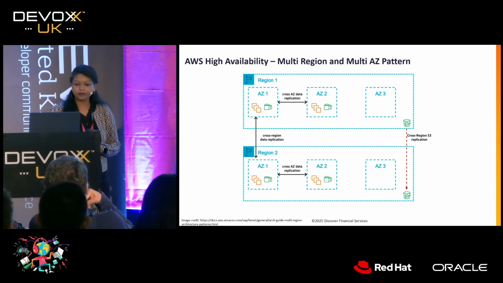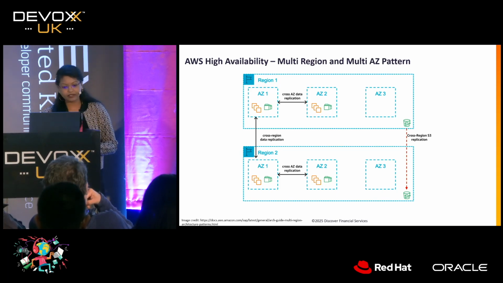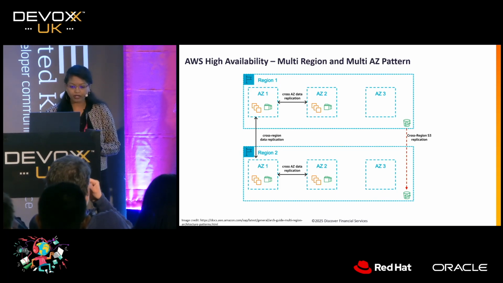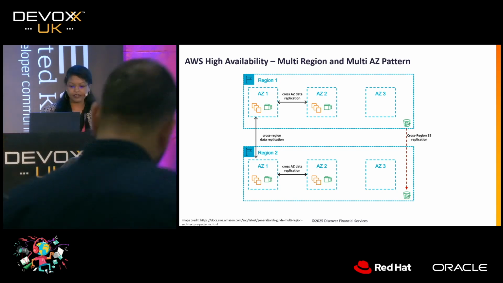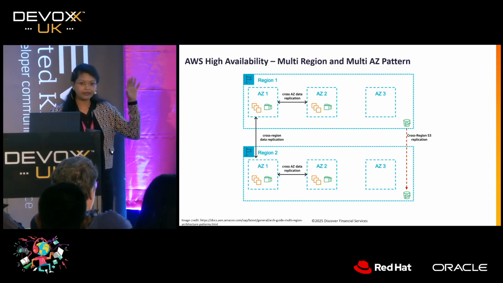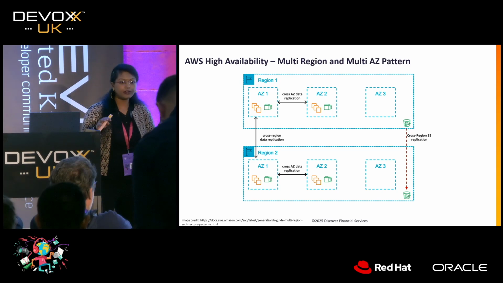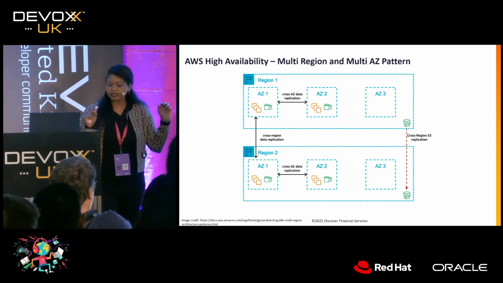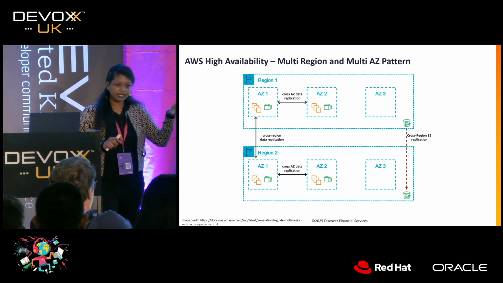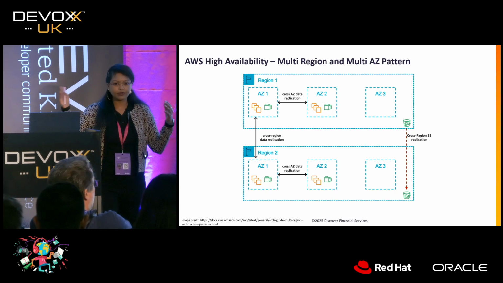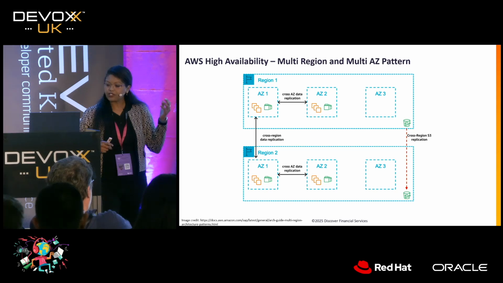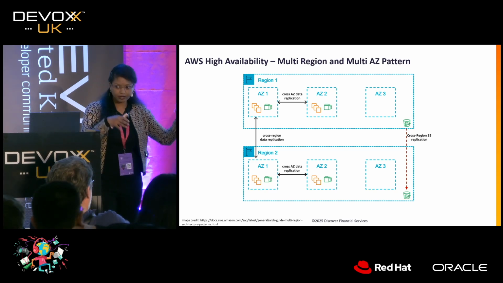This is a very popular pattern for high availability from an AWS blog. What we are saying here is we deploy to 2 different regions, and regions in AWS are basically geographically separated locations. For example, US East 1 is one region, US West 2 is another region. And each location would have, again, geographically separated data centers which are co-located.